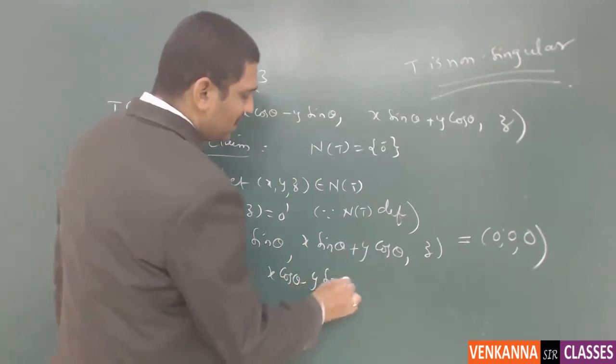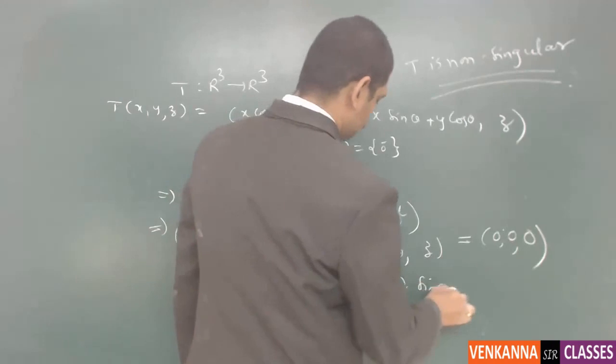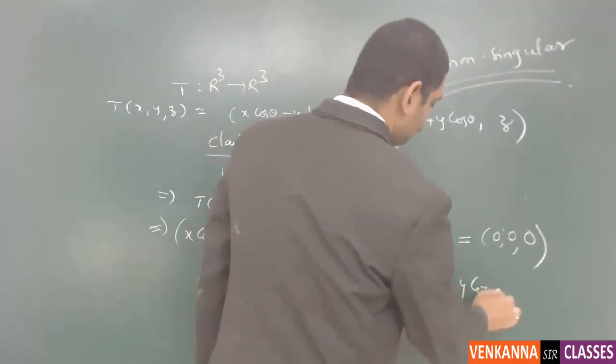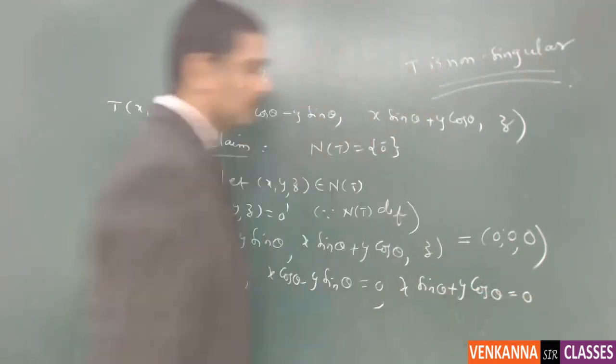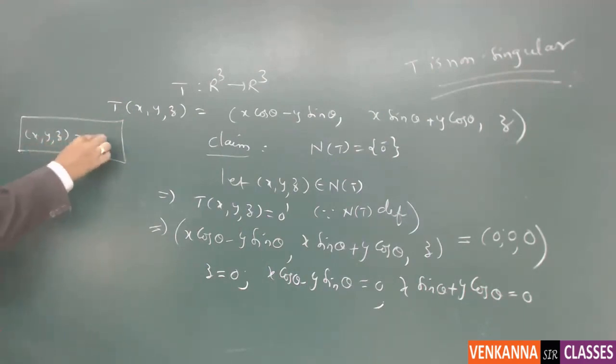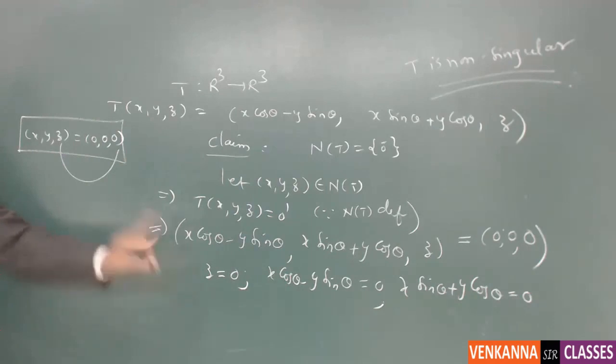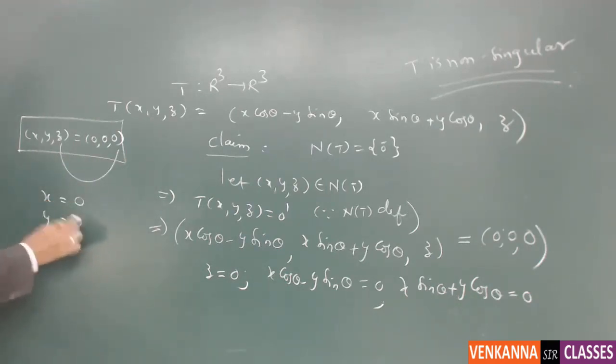And the first value is 0 and the second value is 0. My intention is to show that (x, y, z) is equal to (0, 0, 0). From this, one part is evident, that z is equal to 0. The remaining things: I should show that x is equal to 0 and y is equal to 0.